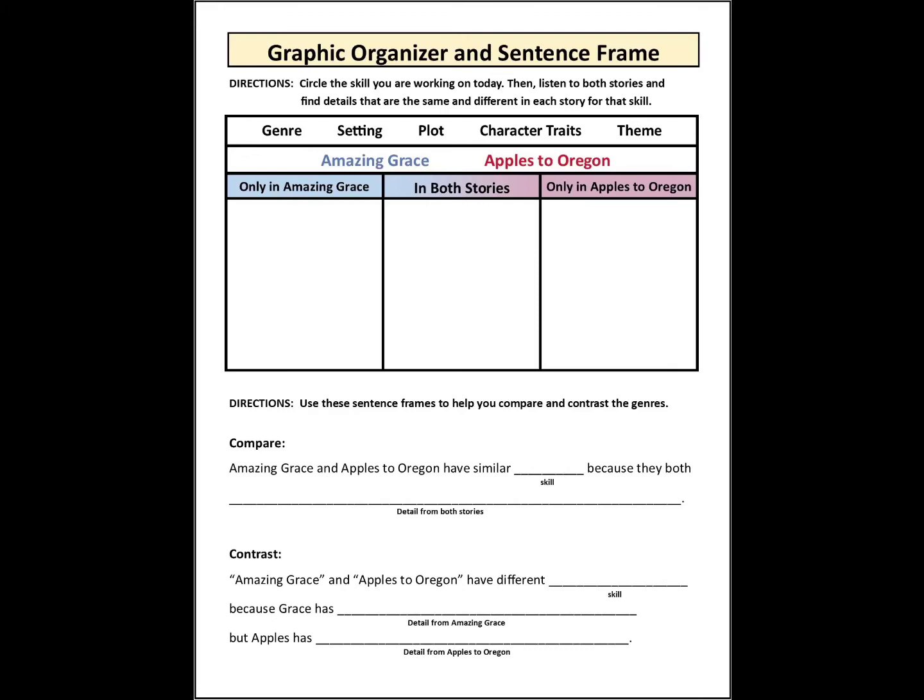And then finally you'll say Amazing Grace and Apples to Oregon have different plots because Grace has, you can tell me what's special about Grace's plot, but Apples has, and what's special about Apples' plot. Good luck. Okay, boys and girls.